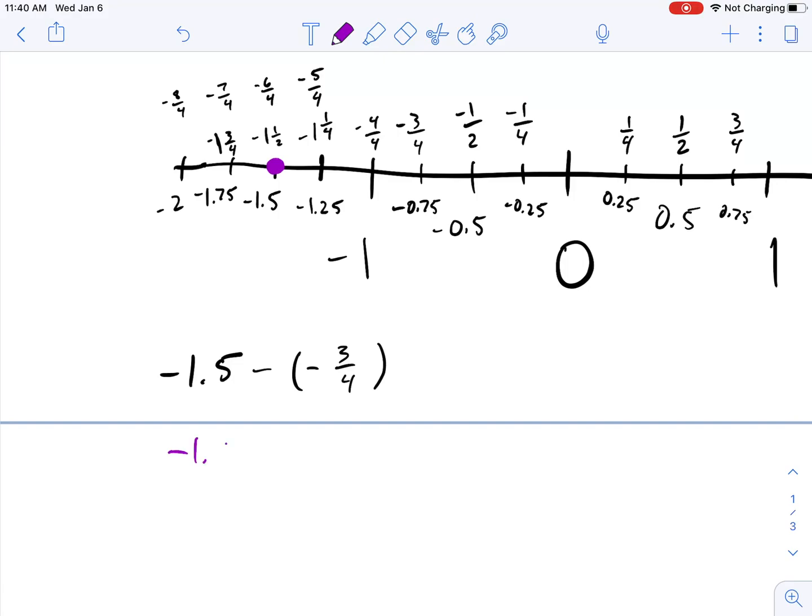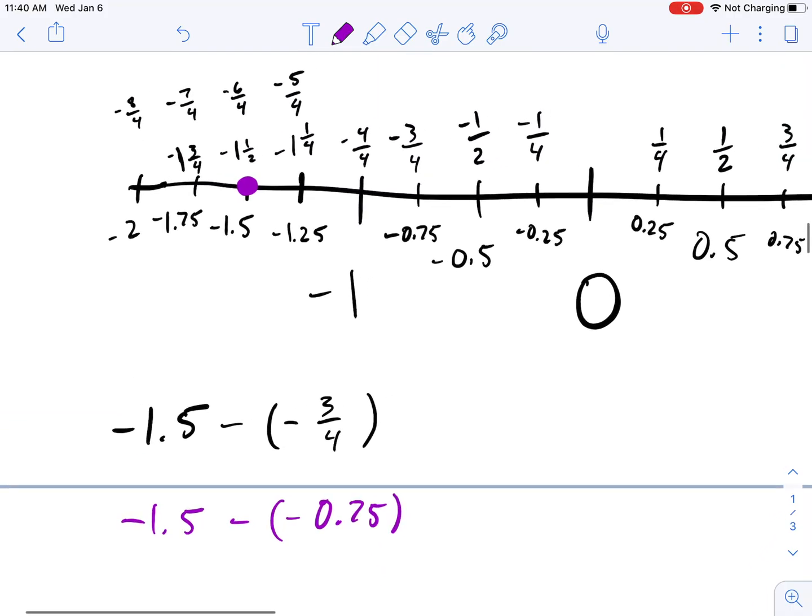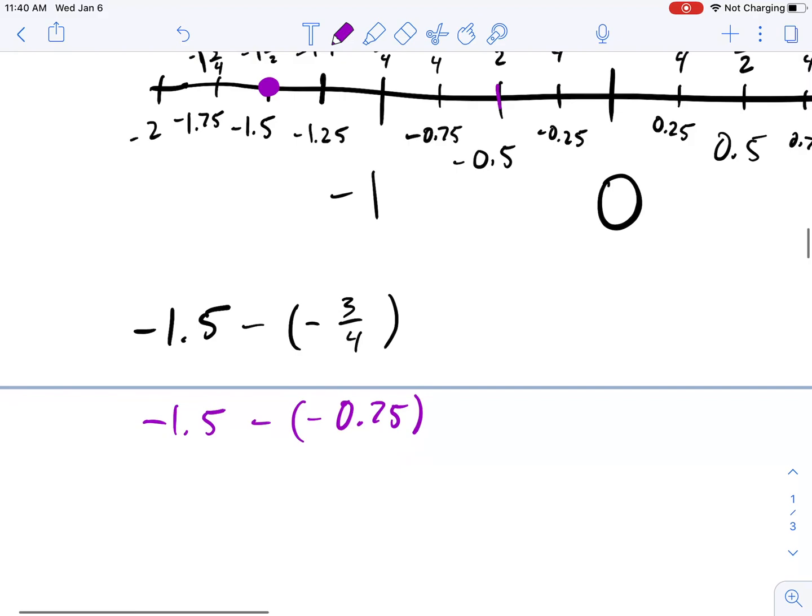And I know that -3/4 is the same as -0.75, okay? If I want to go by fourths, I can. I'm going to choose to go 1/4 at a time, because I made my number line with fourths. It's -1/4, this is -2/4, -3/4, -4/4, -5/4, and so on.